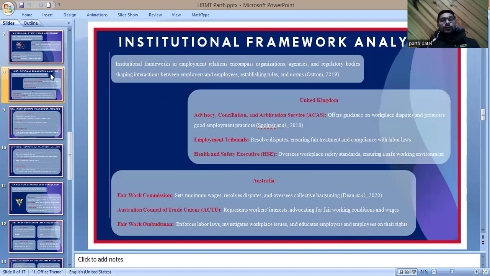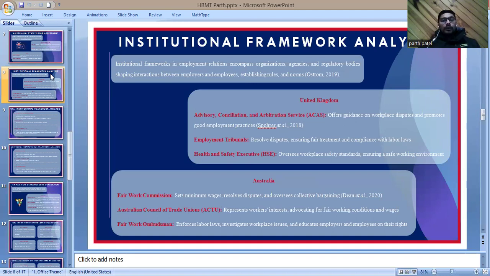Next, institutional frameworks analysis. The institutional framework of a country's employment relations consists of finding the balance between two opposite needs. They could be the structure and system of organizations, the control bodies and the other bodies that address the issues of employers and employees in a particular country.